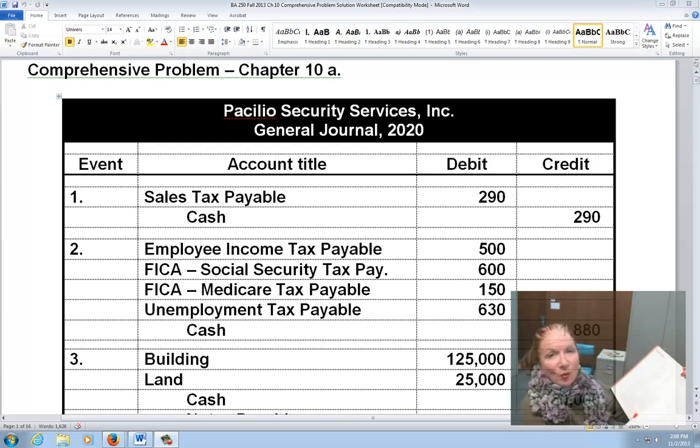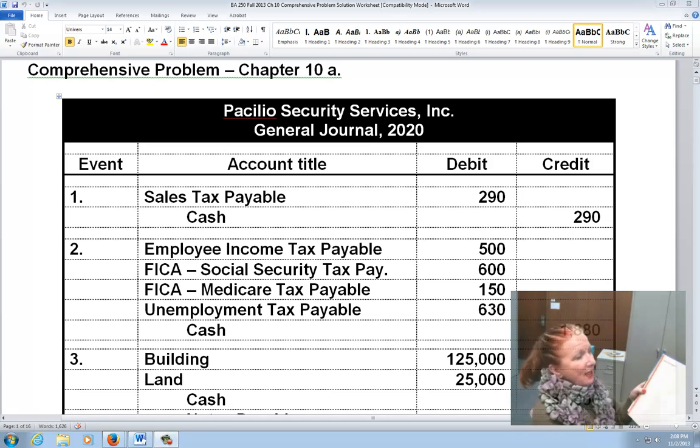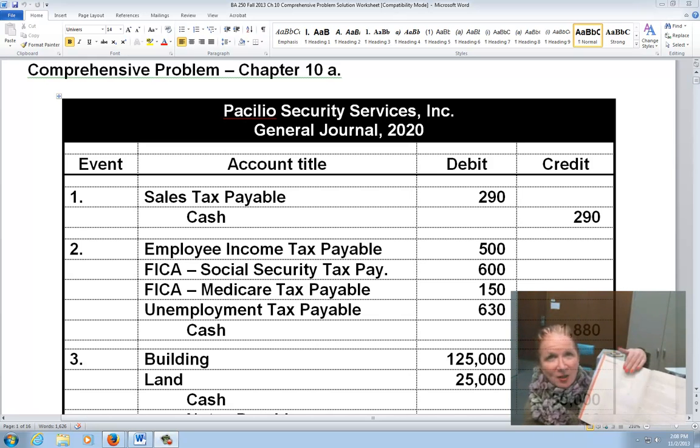We want to keep in mind we're now in 2020, so we've worked through every year. We're at December 31st, 2020, and of course this was the beginning balance for January.